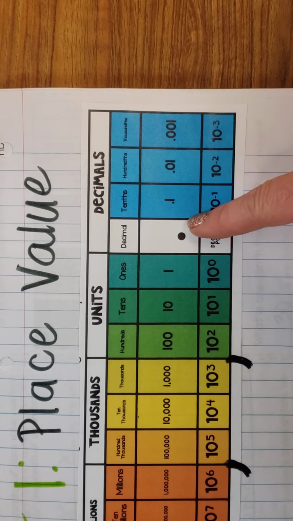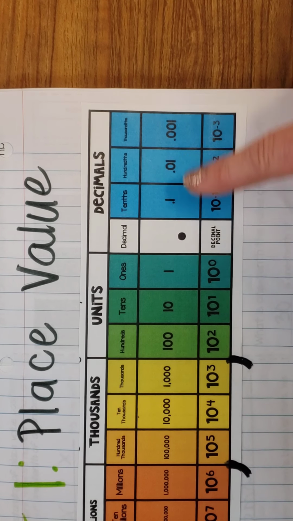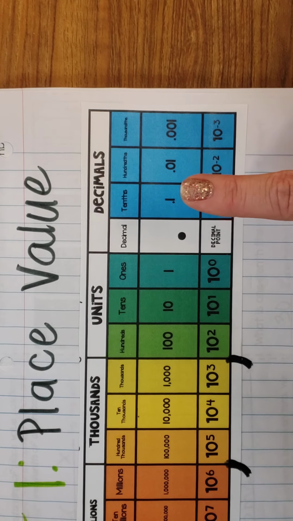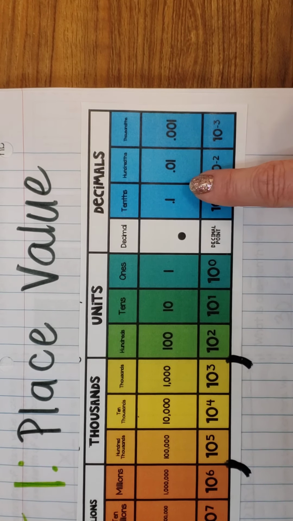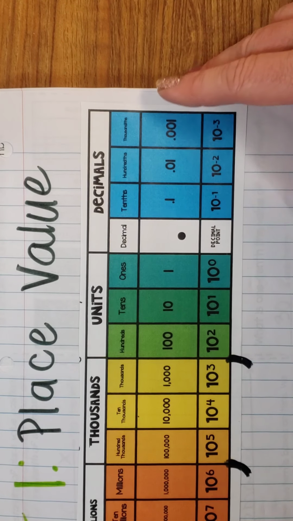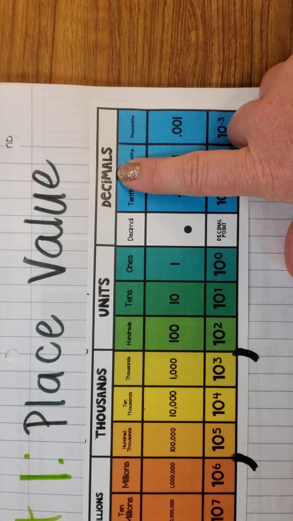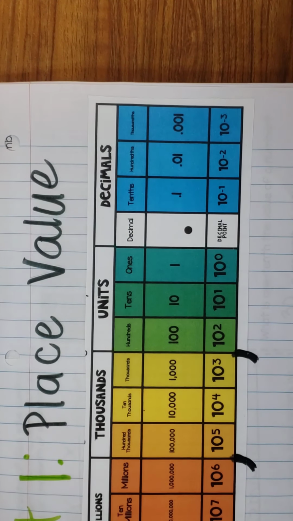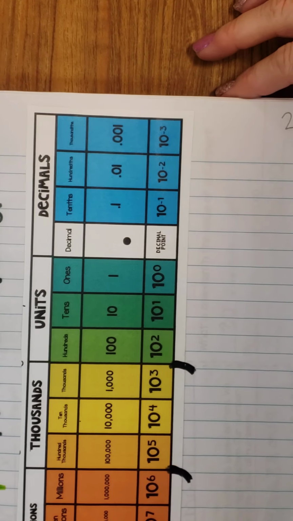Everything to the right-hand side of the decimal place is going to be less than 1 whole. Okay, you could also consider it a fractional part of a 1 whole. Okay, so within this place value unit, we're also going to be learning how decimals and fractions relate to each other. That'll be coming up in a few days. But for now, let's take a look at a few examples of numbers using a place value chart.